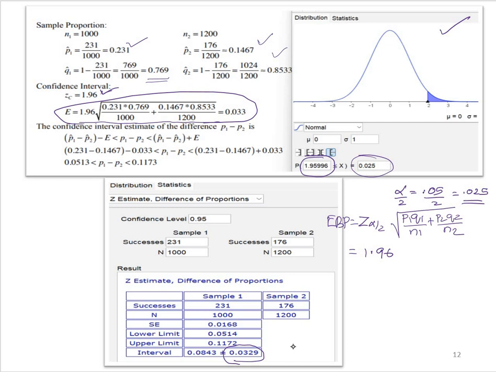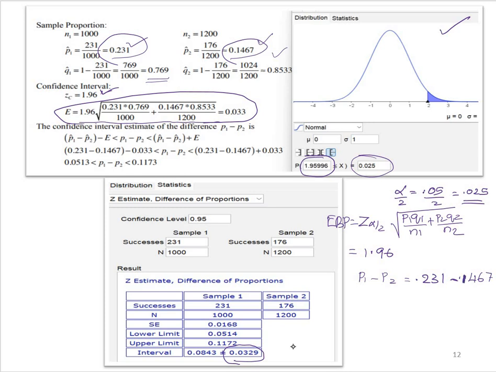Then find P1 minus P2. P1 minus P2 is equal to what? P1 is here, 0.231, minus P2 is here, 0.1467.